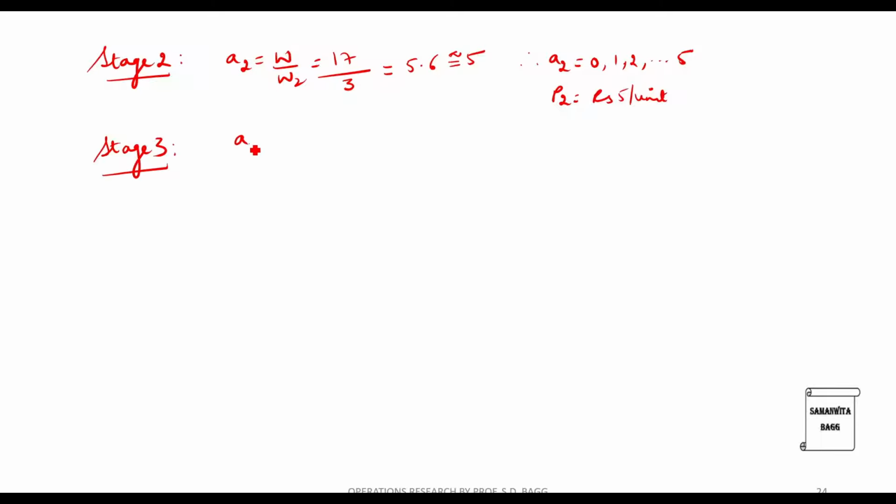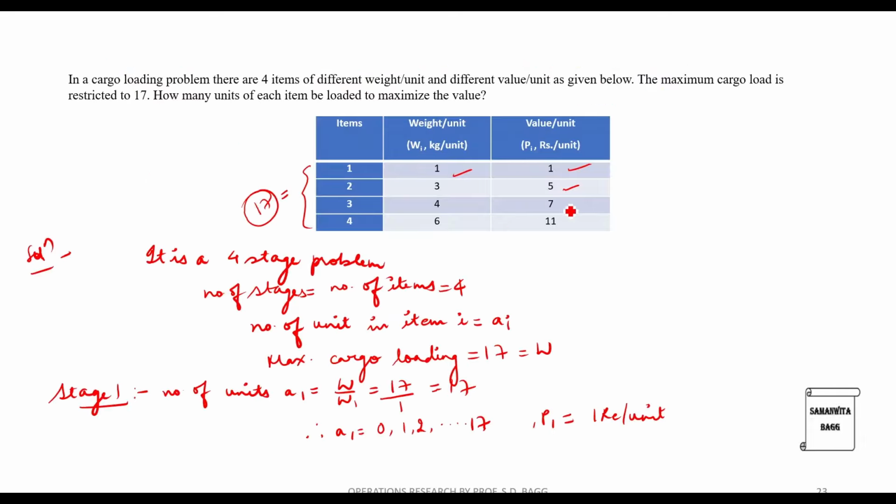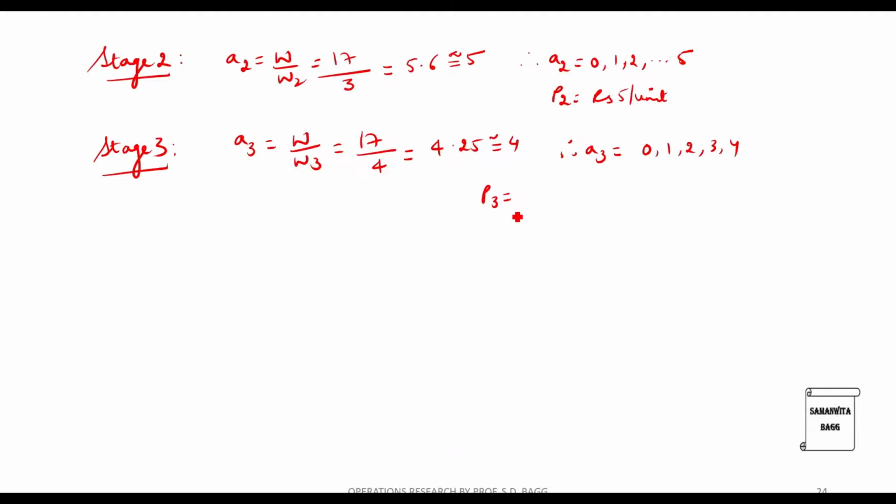For stage 3, A3 is W upon W3, that is 17 upon 4. This is equal to 4.25. Again, I'll approximate this to 4. Therefore, A3 is 0, 1, 2, 3, 4. The value of P3 as it is given here is 7, so it is rupees 7 per unit.